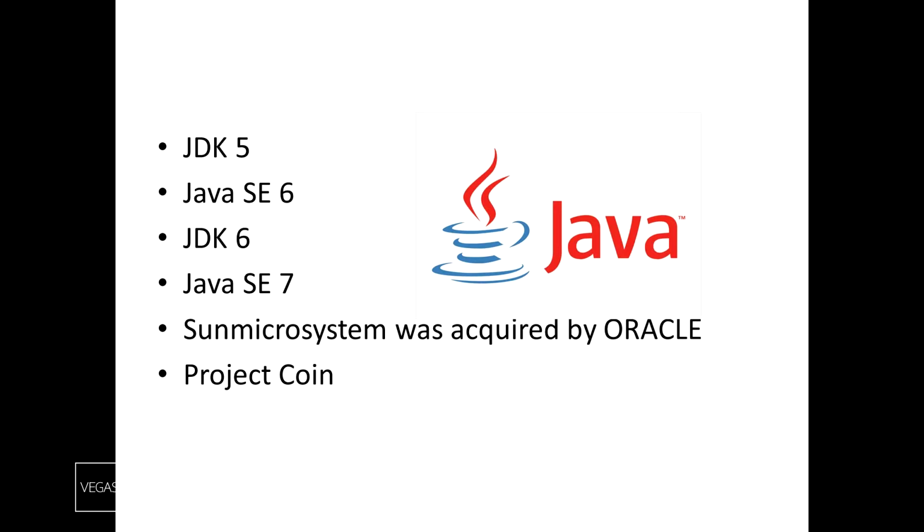Now coming to SE7, Java SE7 was the next release of Java, with the Java development kit being called JDK 7 and an internal version number of 1.7. Java SE7 was the first major release of Java since Sun Microsystems was acquired by Oracle.